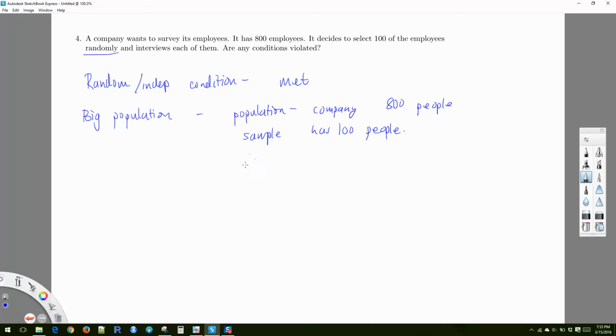Okay, so our population is not 10 times the sample. So this condition is violated. All right, and as far as the large sample condition, we have no information about this.